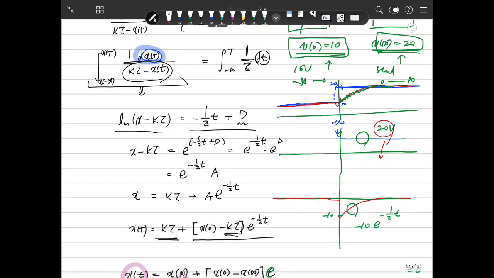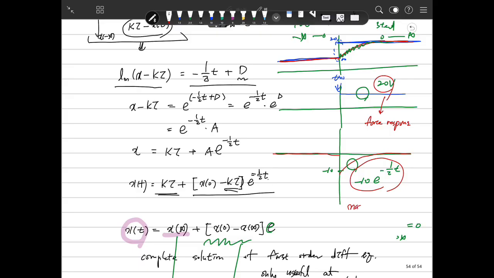This is a forced response, and this is a natural response, or the transient response. Same things but different name.